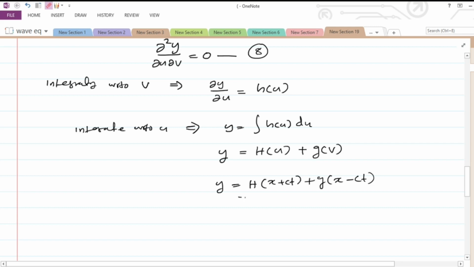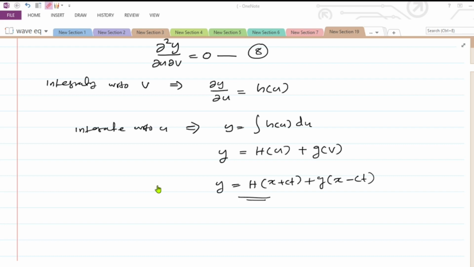This is the general solution of the wave equation by this method. It doesn't end here; we have to find a more precise solution by applying the initial conditions, like initial displacement and initial velocity.